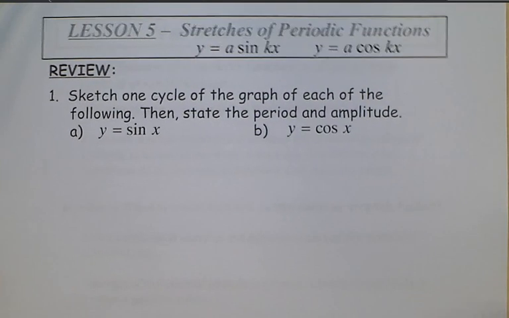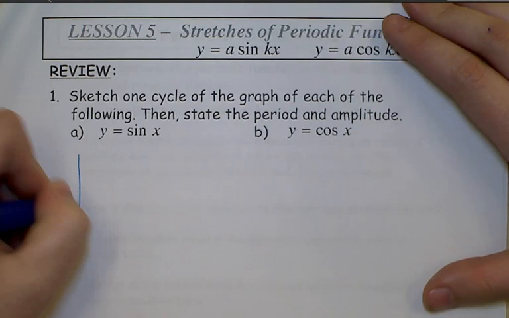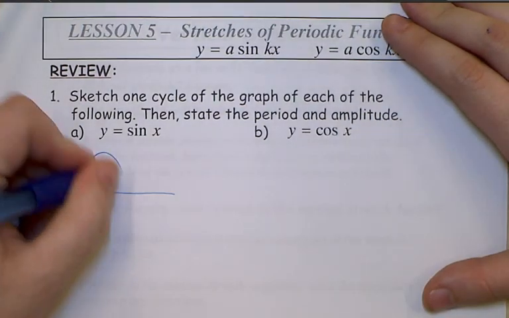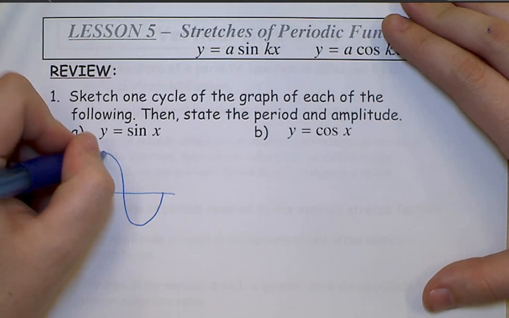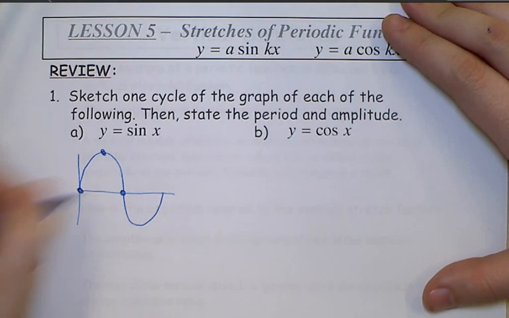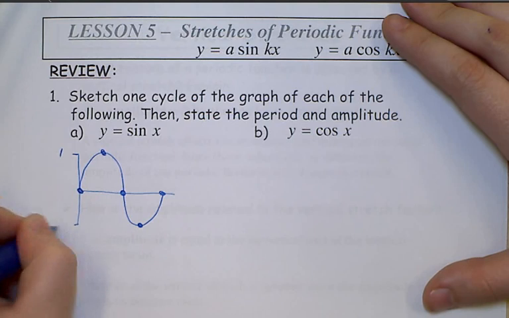So just to remind you of what sine and cos look like, for the sine graph, one cycle is like this, and we have our 5 key points: (0, 0), (90, 1), (180, 0), (270, -1), and (360, 0).